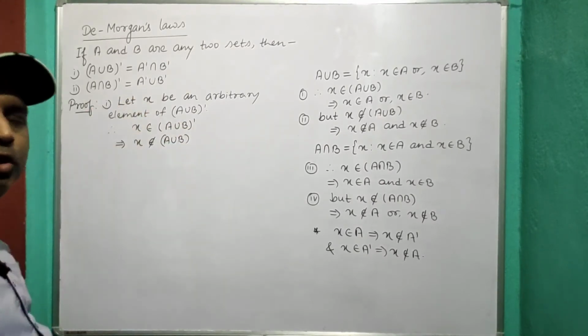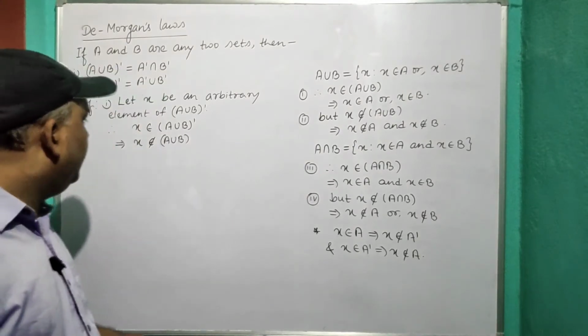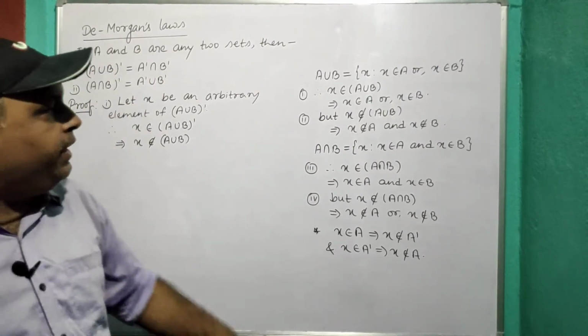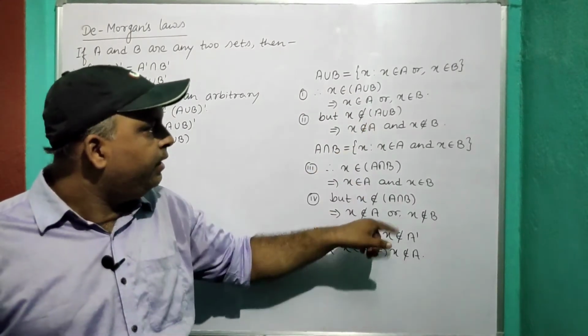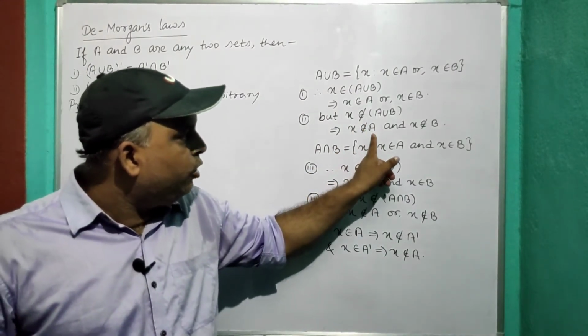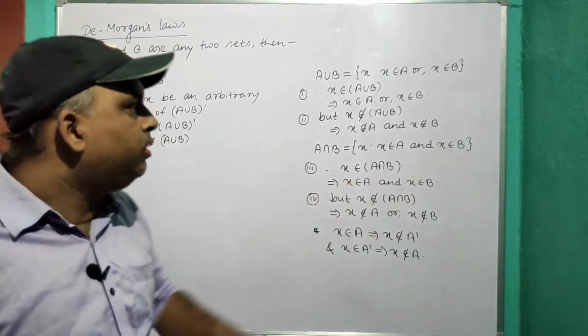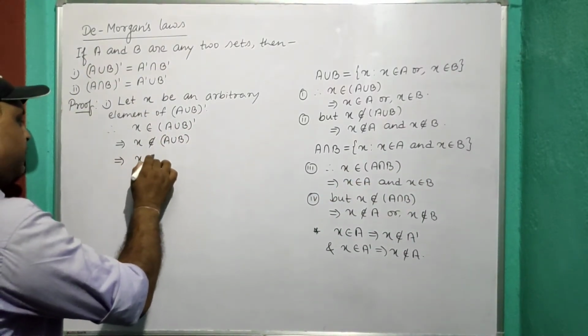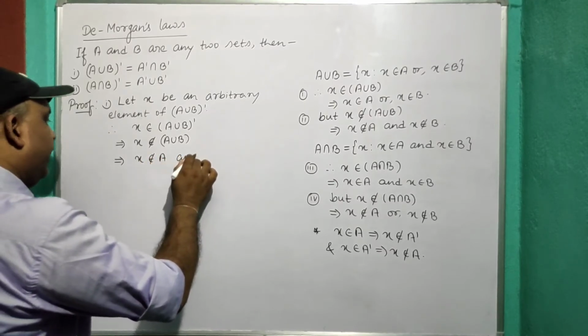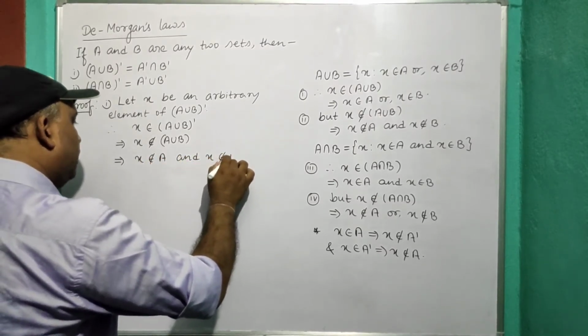It means it does not belong to A union B. And if x does not belong to A union B, observe, then we write x does not belong to A and x does not belong to B.